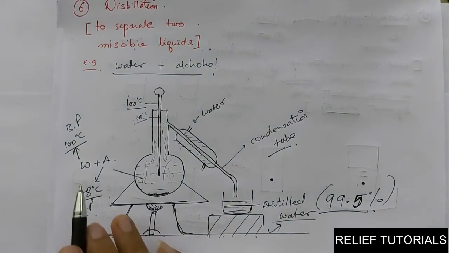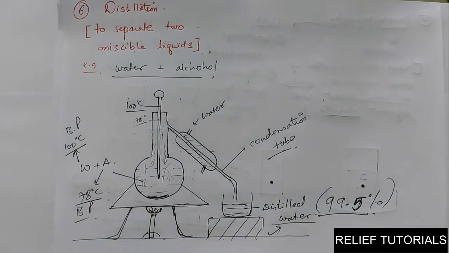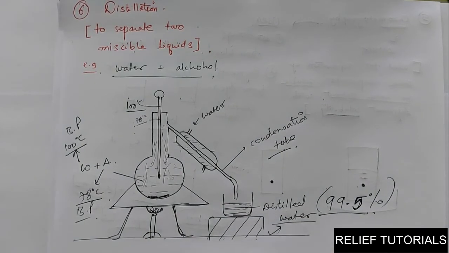In this way, two purposes are solved here. One, you have separated these two. Second, you have made the water distilled. Is that clear? So this is nothing but the simple distillation process.